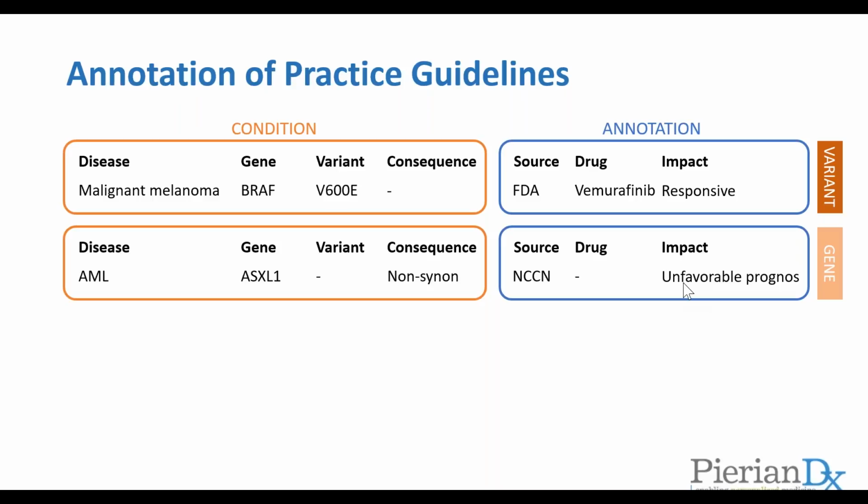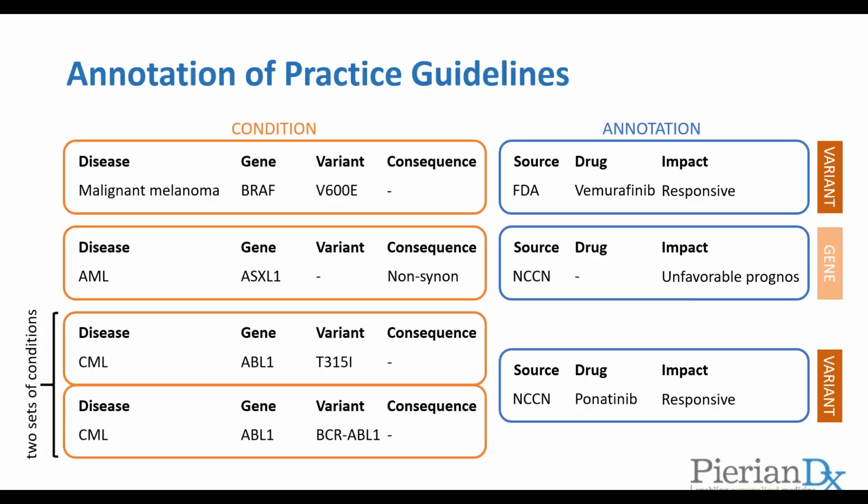This is an example of a variant level annotation, right? This is a very specific syntax. The document says that this particular amino acid change is what confers responsiveness. And again, there could be others. There could be other BRAF mutations that are likewise responsive, and those would be annotated as separate rows, separate rules, but could fire very similarly.